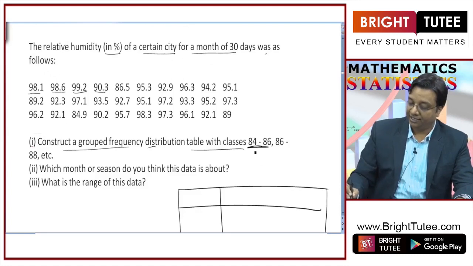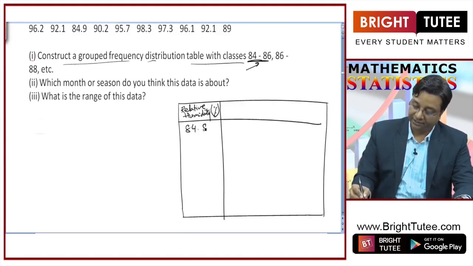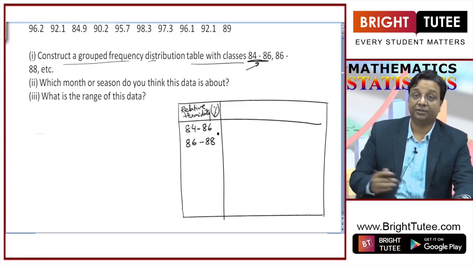So what do these classes represent? 84 to 86, this is relative humidity in percentage, right? So I'll write 84 to 86, 86 to 88, because what is the class size? 86 minus 84, it is 2.